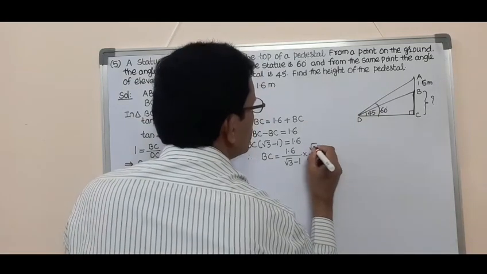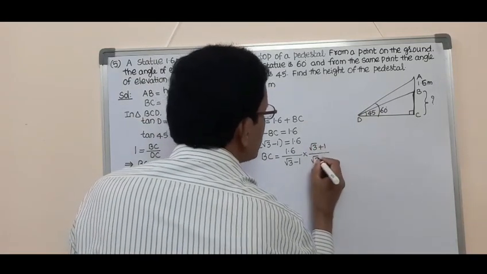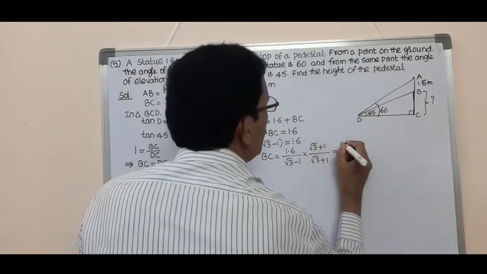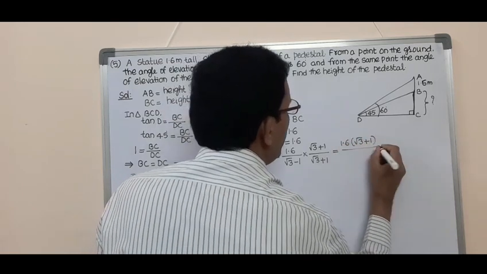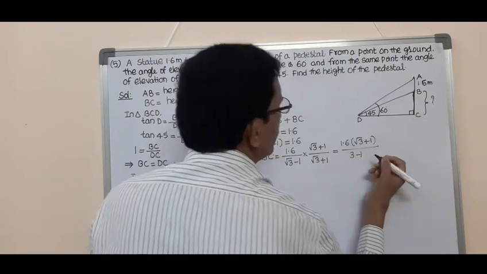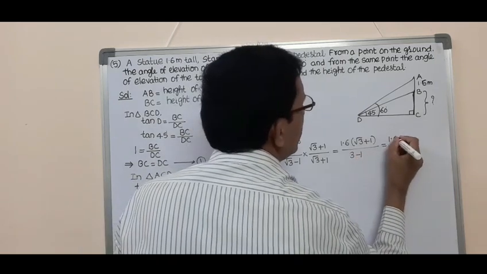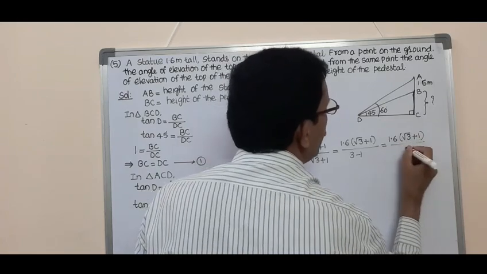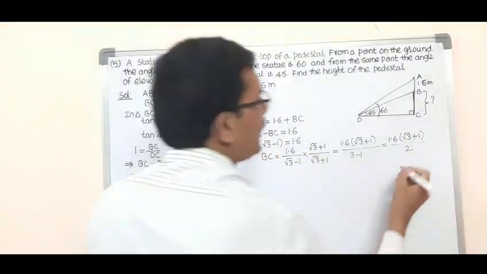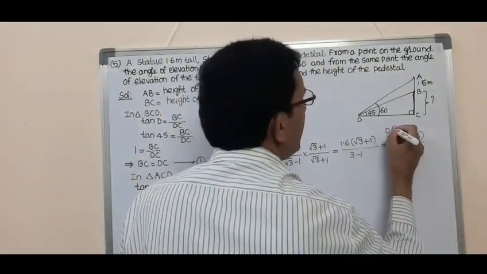Multiplying by root 3 plus 1 by root 3 plus 1, it is equal to 1.6 into root 3 plus 1 by 3 minus 1, which is equal to 1.6 into root 3 plus 1 by 2. We can simplify 1.6 by 2 to 0.8.